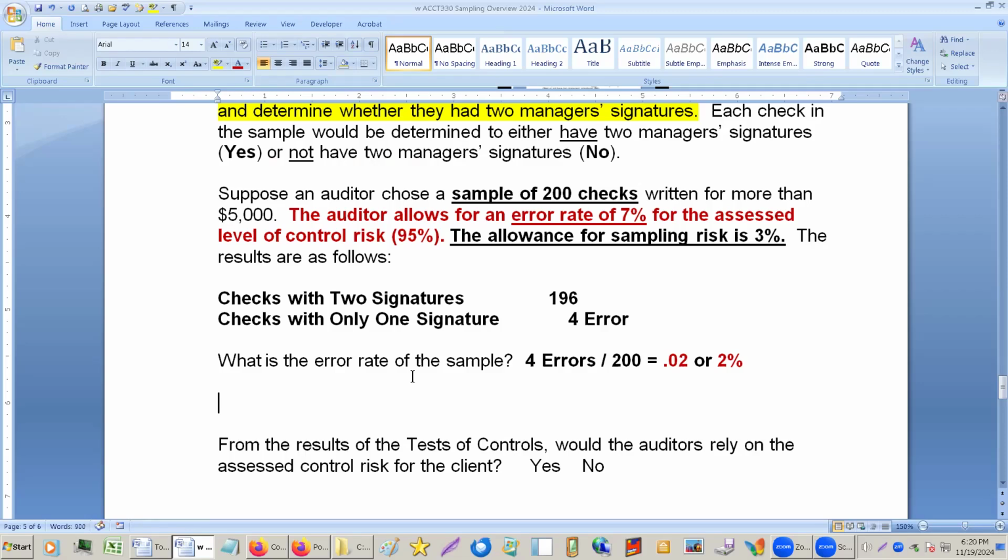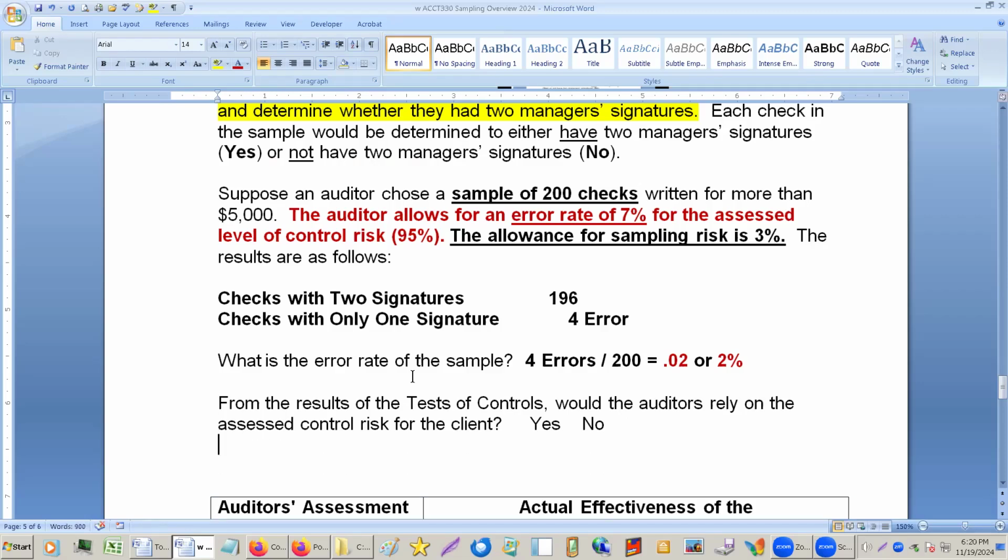Oh, wait, I'm in the wrong spot. Hold on. Okay, so our error rate is 2% plus our allowance for sampling risk is 3%.